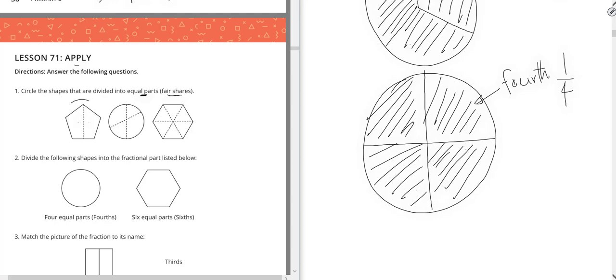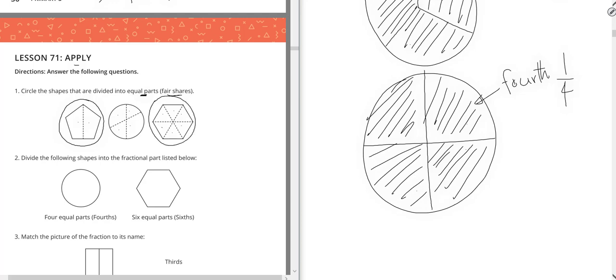So we will circle shape number 1. Number 2, this shape, the circle, divided into 4 parts, but they are not equal. Okay. Shape number 3, divided into 1, 2, 3, 4, 5, 6 parts, and they are equal parts. So we will circle the third shape.